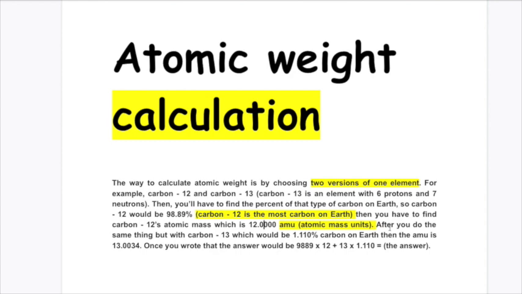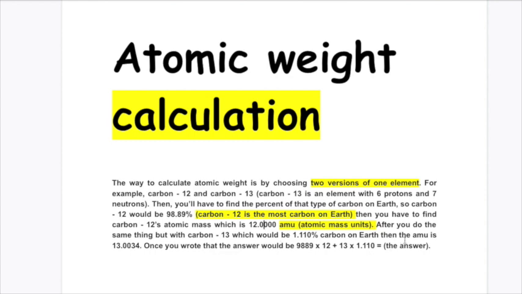And then you do the same thing with carbon 13, which is 1.110% of carbon on Earth, and then the AMU is 13.0034.